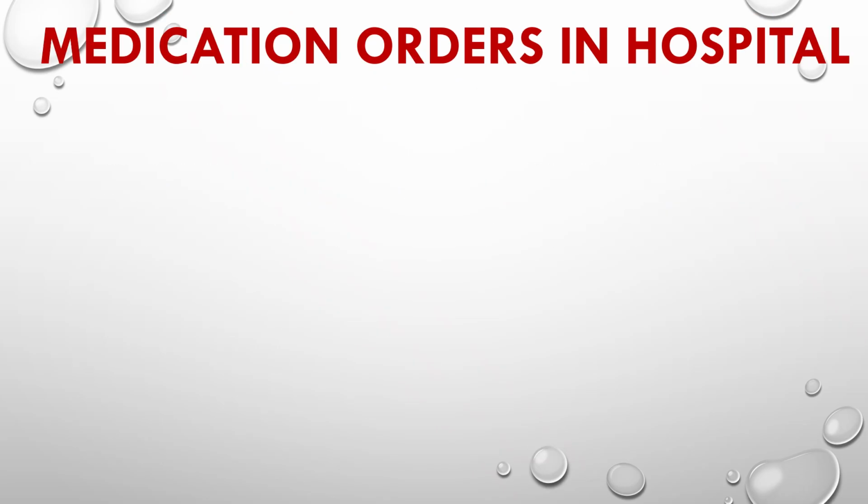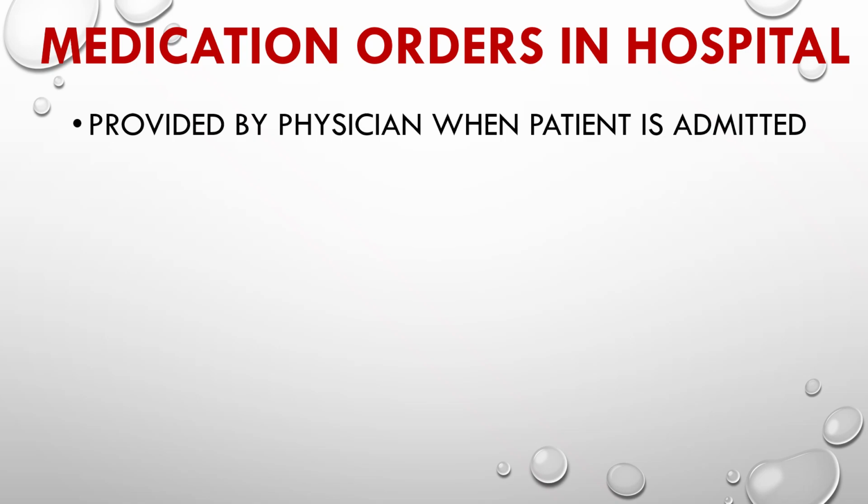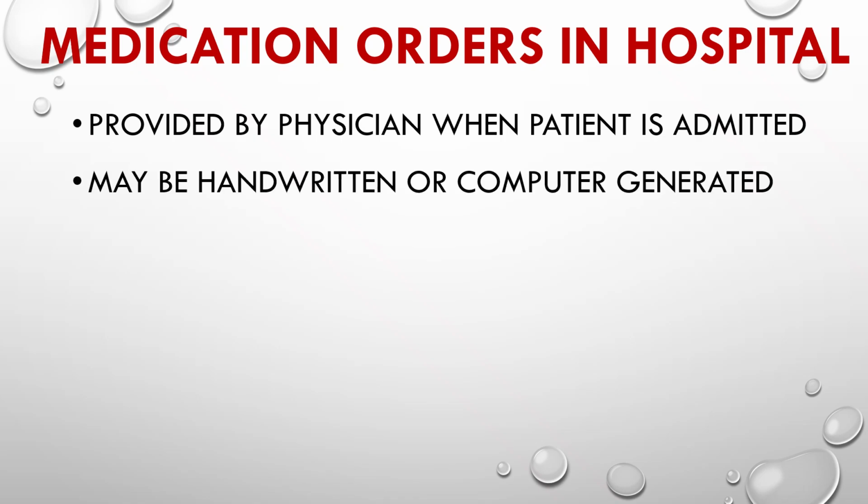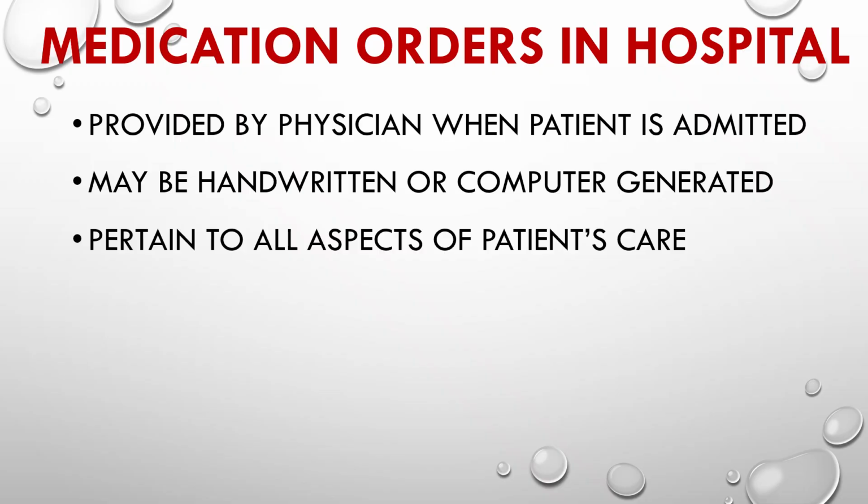Now, prescriptions in the hospital may look a little bit different. So there are a couple types of medication orders. So again, even not just the electronic prescription that can be used, but this is whenever the patient is admitted. Again, it can be handwritten or computer generated, but it pertains to all aspects of the patient's care.